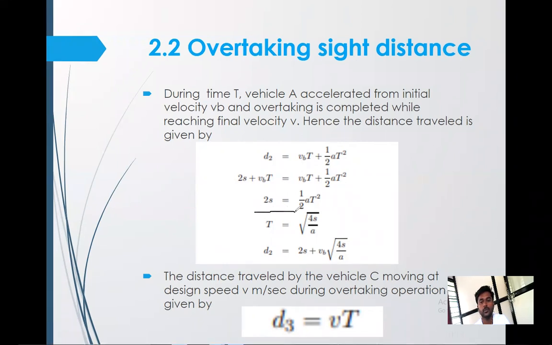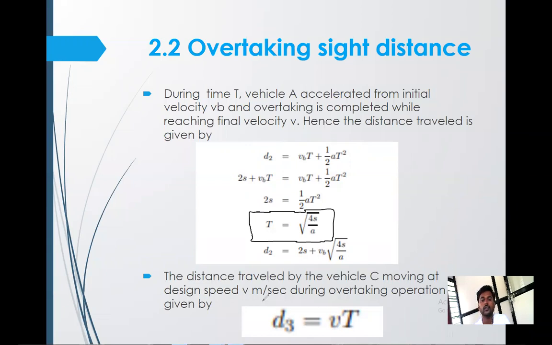Please remember this formula. T is equal to the square root of 4S divided by A. This is the time period actually required for the overtaking operation. Capital T is the overtaking operation time.